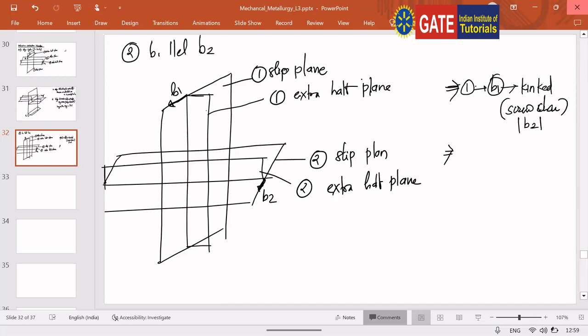In the same way, write down: dislocation 2 with a Burgers vector B2 will also get kinked, again of screw characteristic, and the length of the kink will be the magnitude of B1.